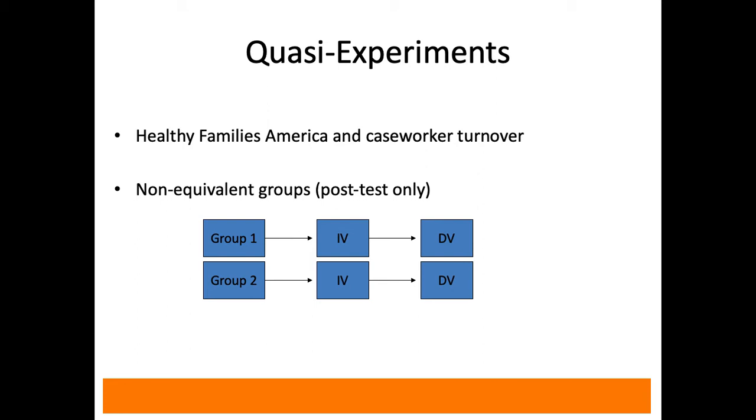Them having a consistent caseworker, which we hypothesize created a bonding sort of situation, right? In this case, the two groups, group 1 and group 2, are the different levels of that IV, and then we measure their continuance in the program as a DV. So group 1 here is caseworker turnover, let's say, and group 2 would be no caseworker turnover.